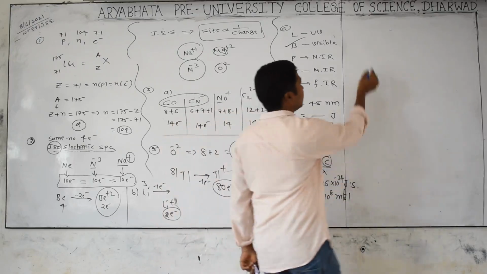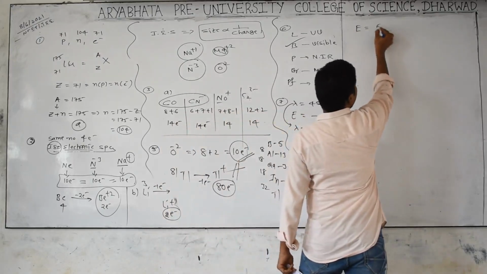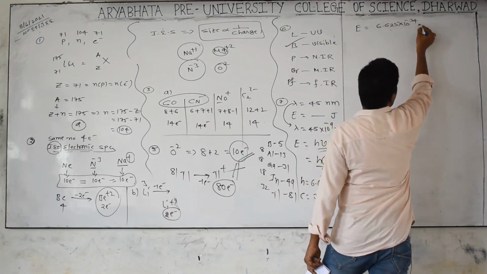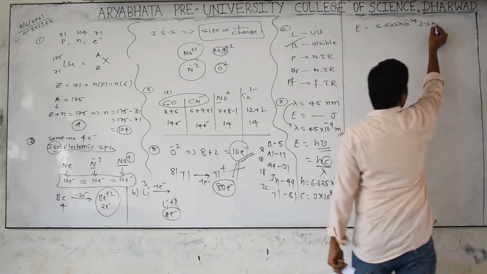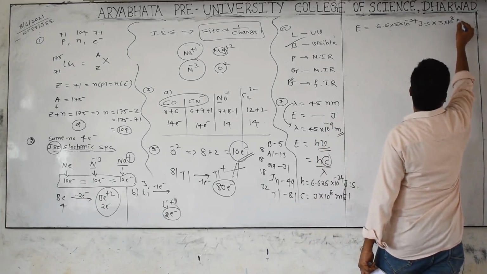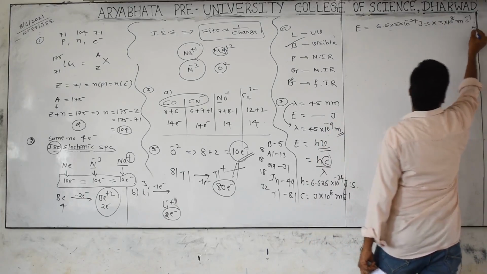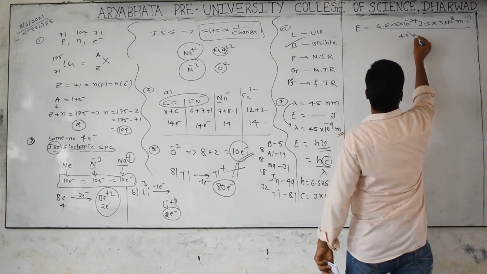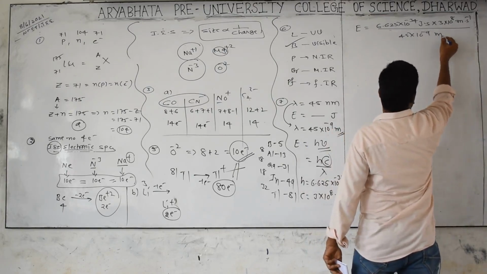Substitute everything: energy of photon is equal to 6.625 into 10 to the power of minus 34 joule second into 3 into 10 to the power of 8 meters per second, divided by lambda, which is 45 into 10 to the power of minus 9 meters.